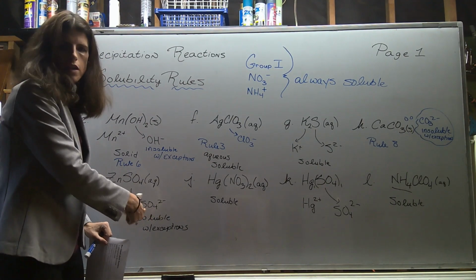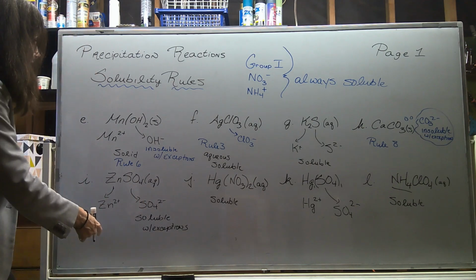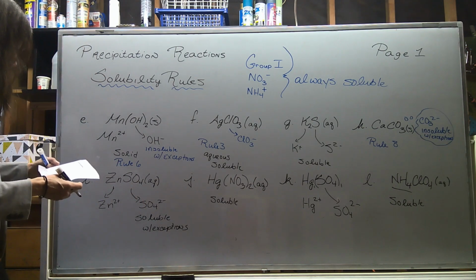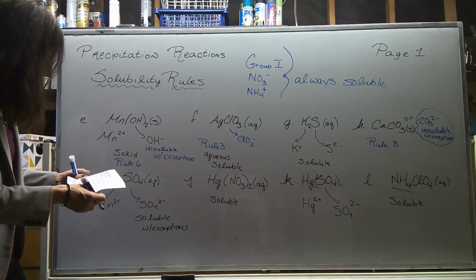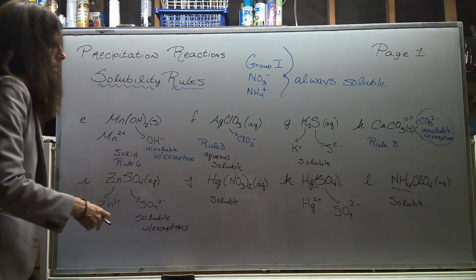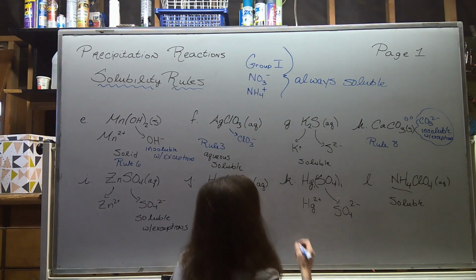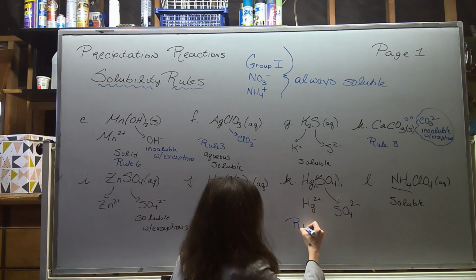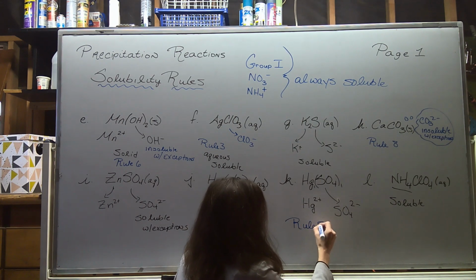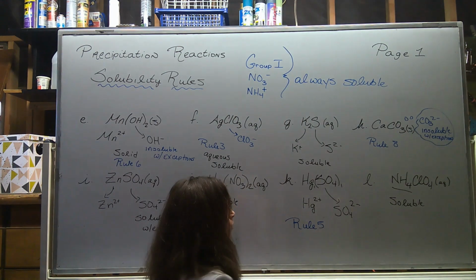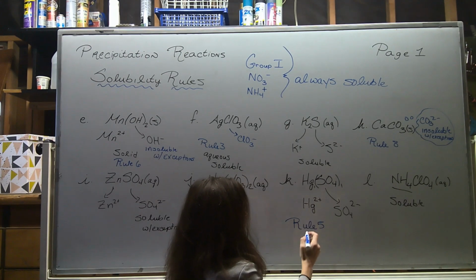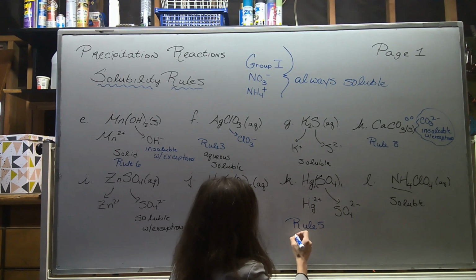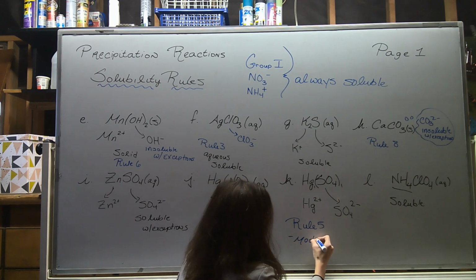Sulfates tend to be soluble with exceptions. If you comb through, and again, the numbering is not critical, just for reference, if you comb through Rule 5, they list exceptions. Mercury, it says, when a sulfate is with mercury, it's moderately soluble.